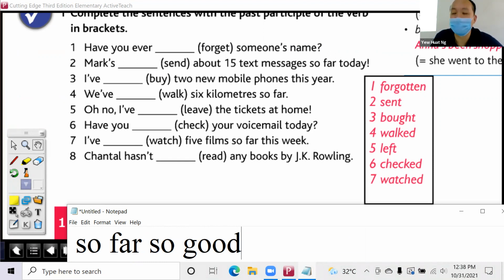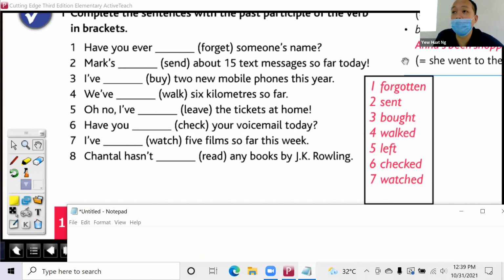Give me the Chinese for so far, so good. 到目前为止还好, so far, so good. We use this a lot. How's your English? So far, so good, I hope. Everything okay here? Questions? No. Let's move on.